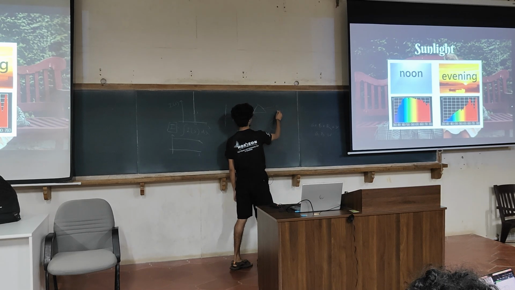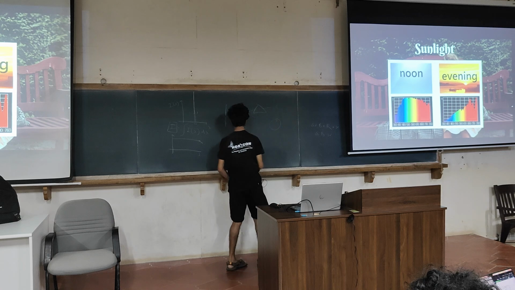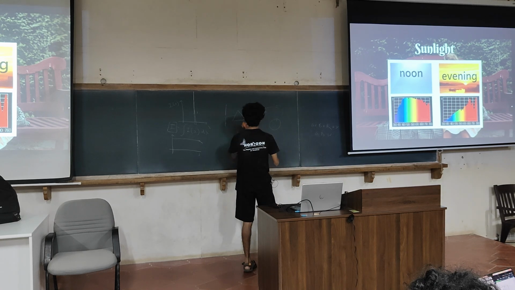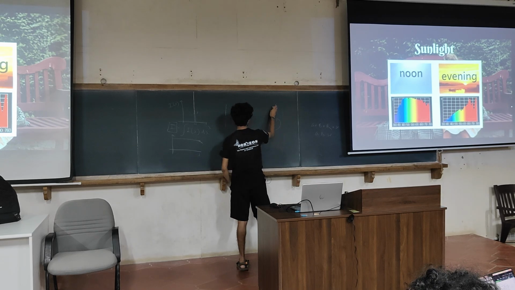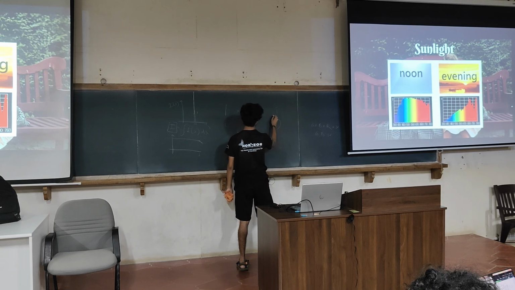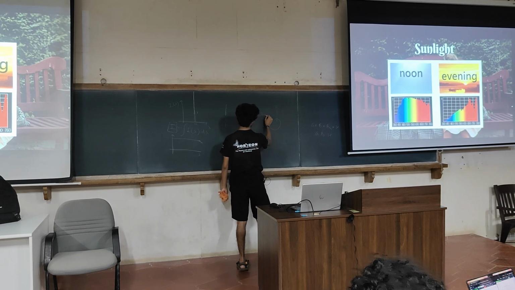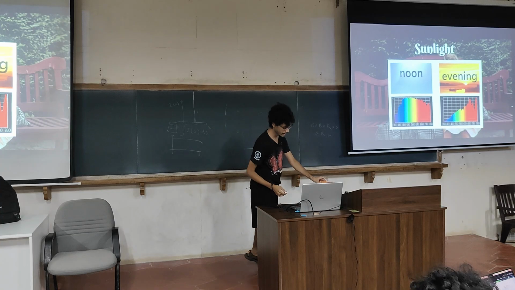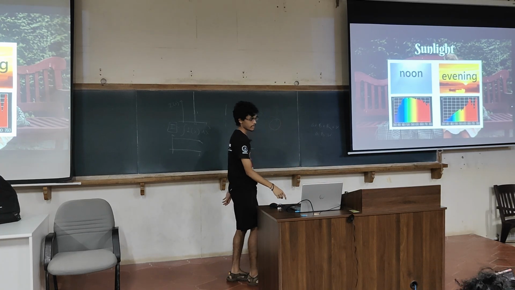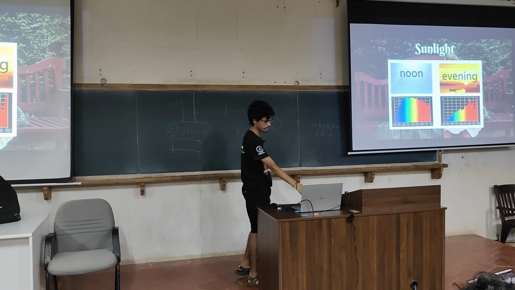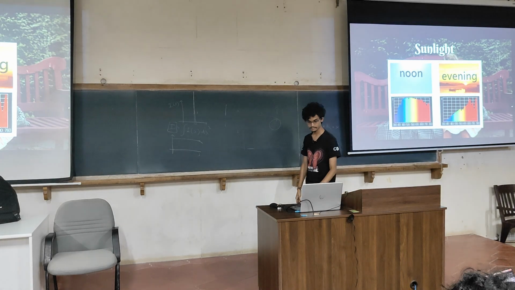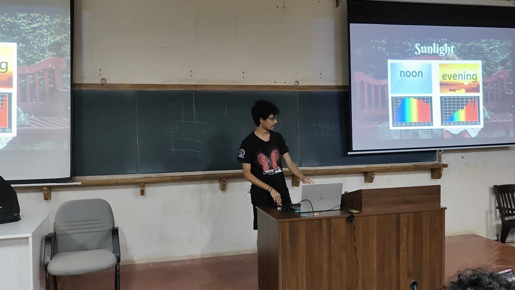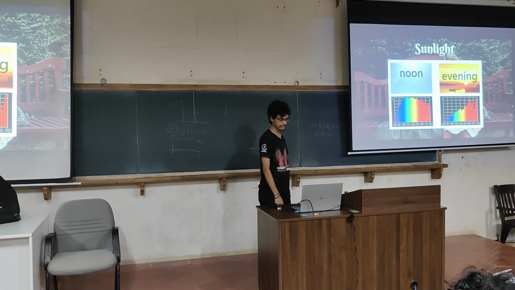In the afternoon the sun falls directly overhead onto us, but in the evenings it's at an oblique angle. Let's say this is the atmosphere: the light travels a larger distance through it, because of which the blue wavelengths are scattered more in the atmosphere. That gives us this reddish, yellowish light in the evenings.